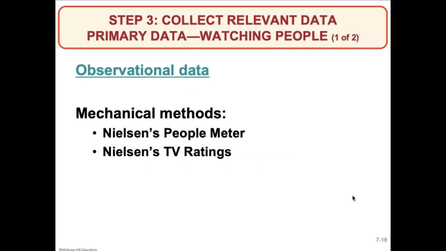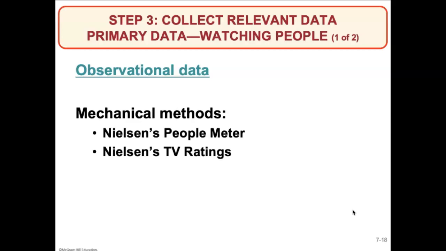For primary data, in terms of observational or watching people, for example, maybe you want to do some research where you want to understand consumer behavior, so you would go and observe how people interact in a store. As soon as they walk into a store, whether it be a grocery store or retailer store, other type of retailer, what direction do they go in first?